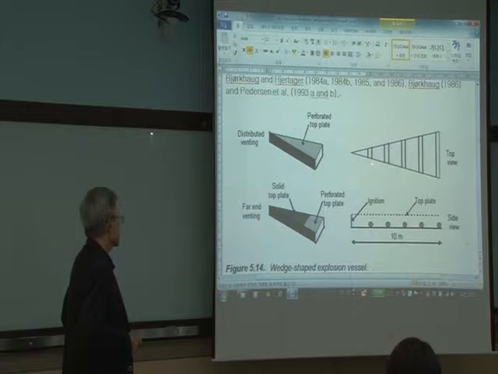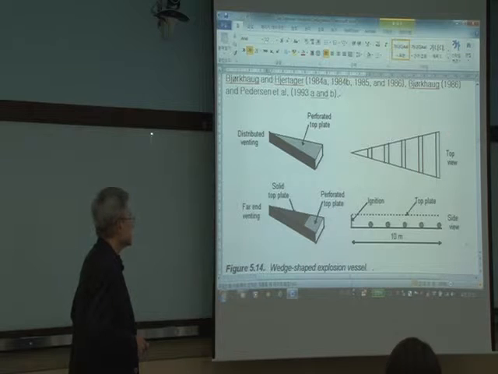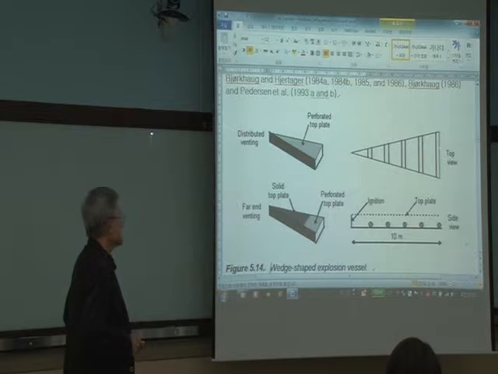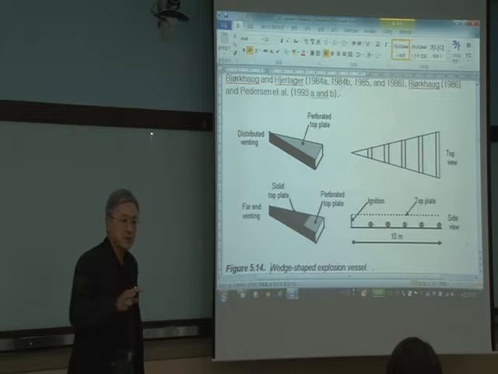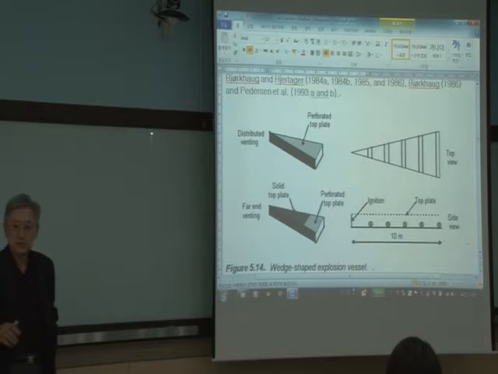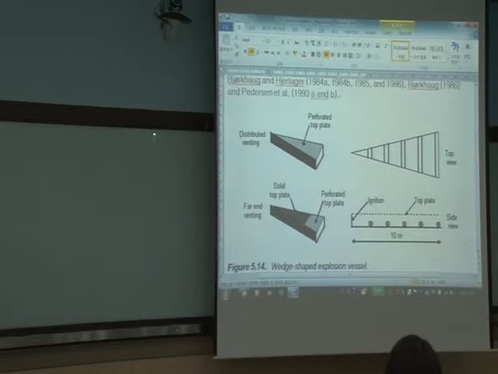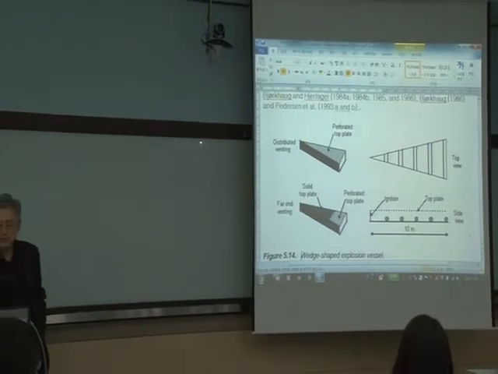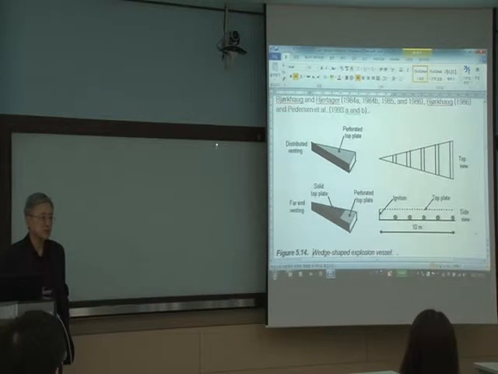And as I remember from reading the report, this is the exit side. I thought this is the ignition side. We'll see. Or maybe you could remember when you read it also. So this is a wedge-shaped explosion vessel, wedge-shaped.